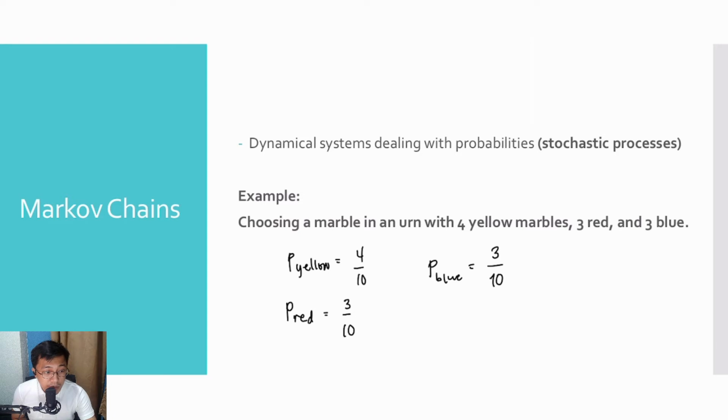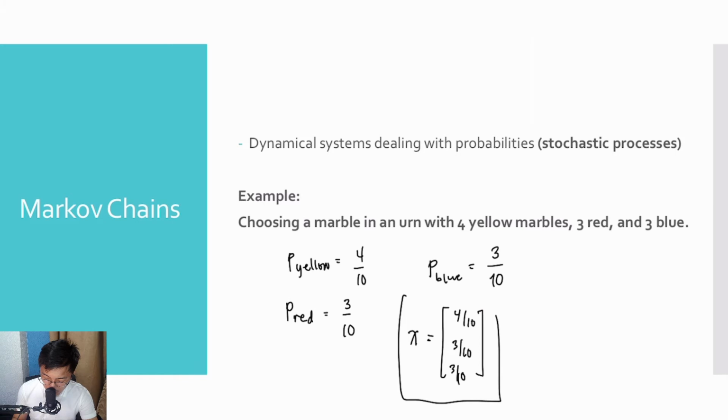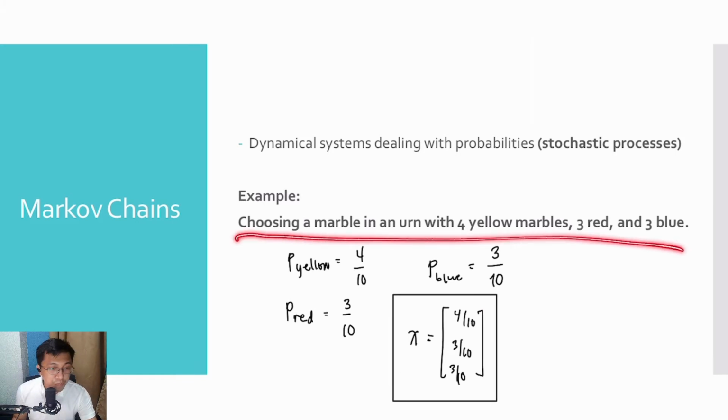Okay, so actually these probabilities can be written as a state vector, no? Because that's the initial probabilities when you put all of them in an urn. So we say that x is the probability, so we can write that as 4/10, 3/10, 3/10. So this one is a state vector of this problem.